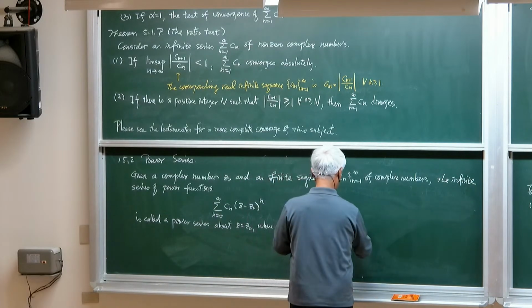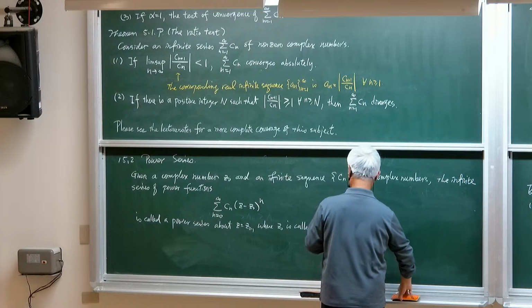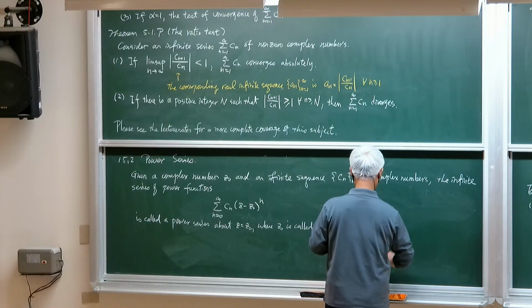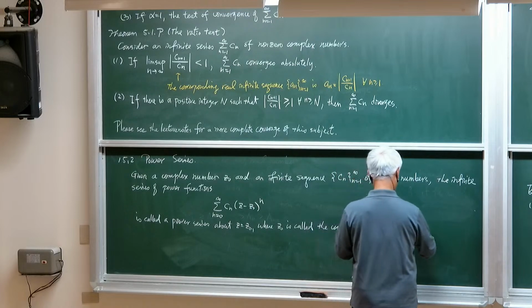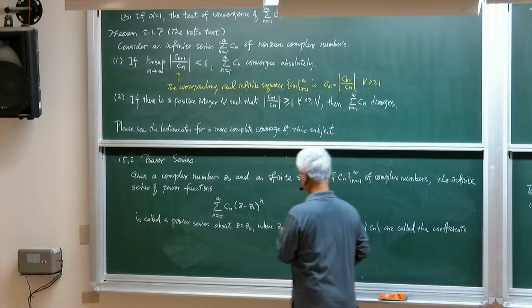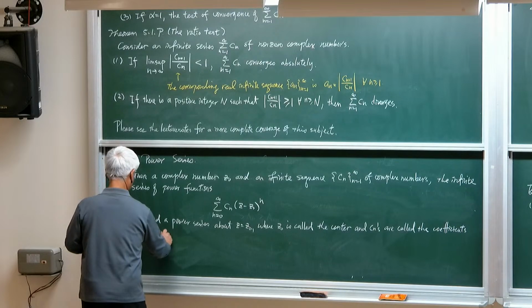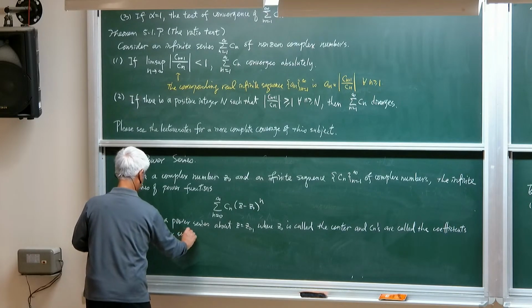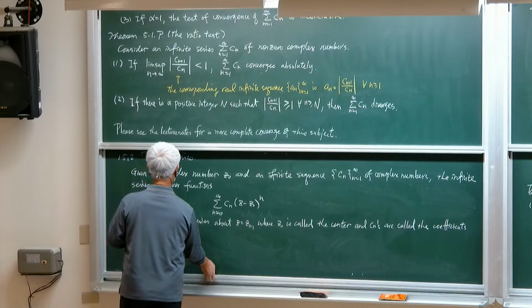And the c_n's are called the coefficients of the power series.